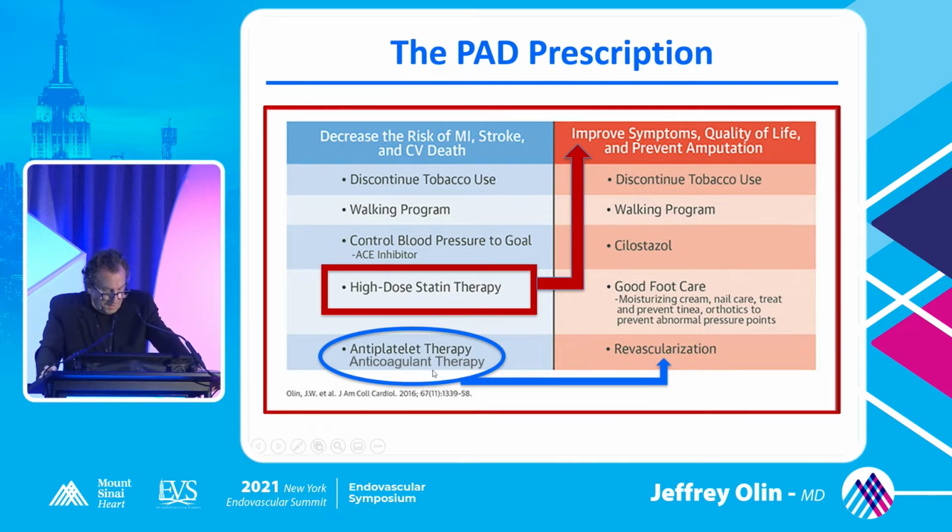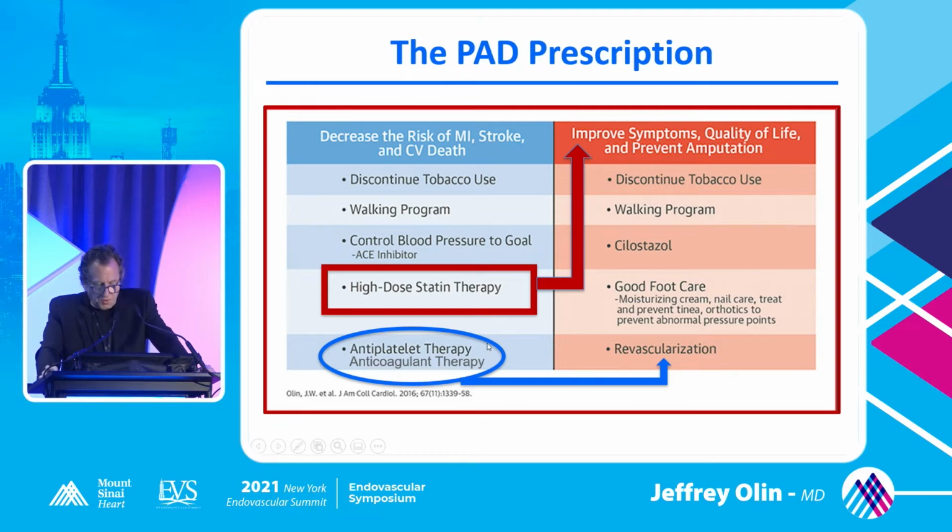It should also be anticoagulant therapy. This decreases MI, stroke, and death, but it also improves symptoms, prevents amputation, and is especially useful, as I'll show you data from the VOYAGER trial, in preventing readmissions for revascularization and amputation.